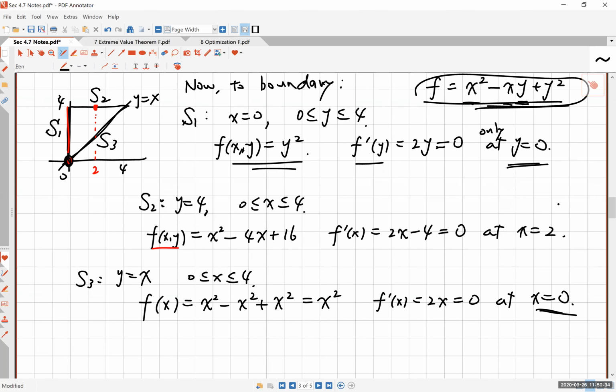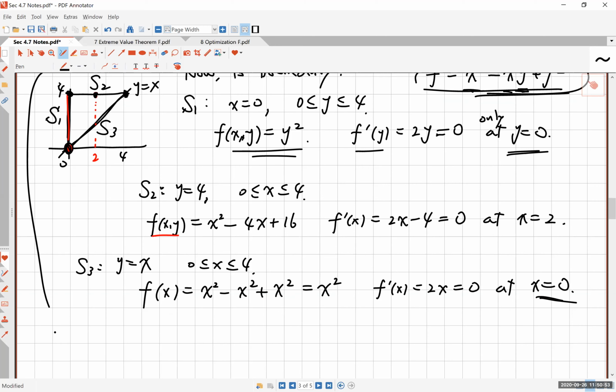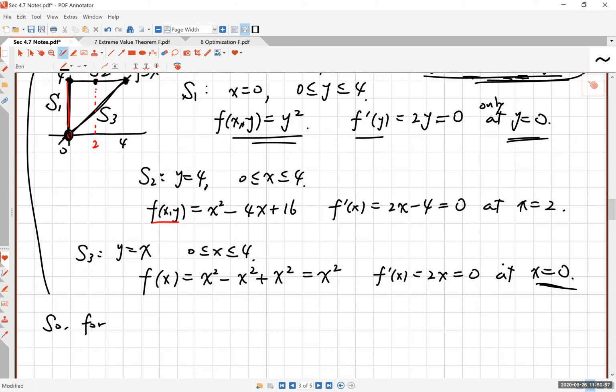What we have found in all of this analysis is this: besides the corners, which we still have to explore, because the corners could be points of absolute maximum or absolute minimum, on the edges this is the only extra point we have to consider. So here's the final stage of the analysis for the absolute maximum and absolute minimum.